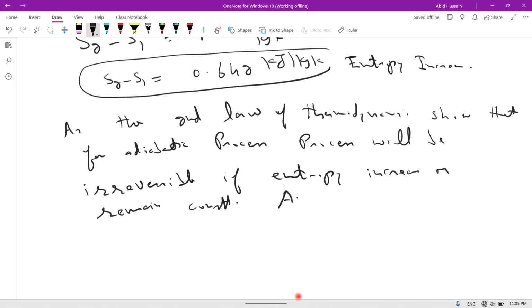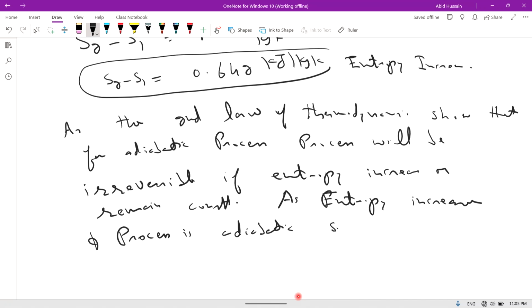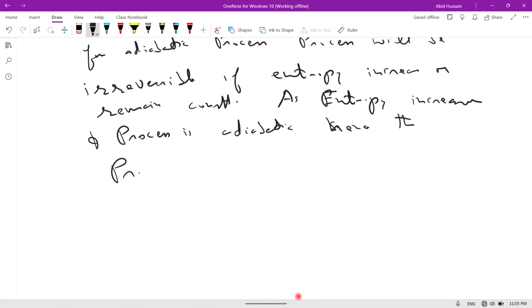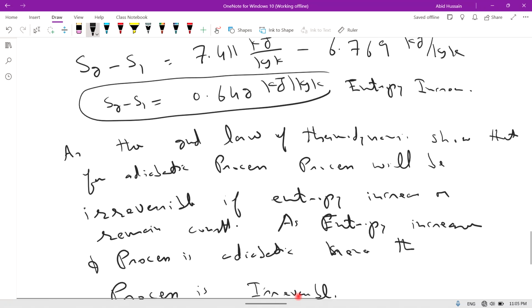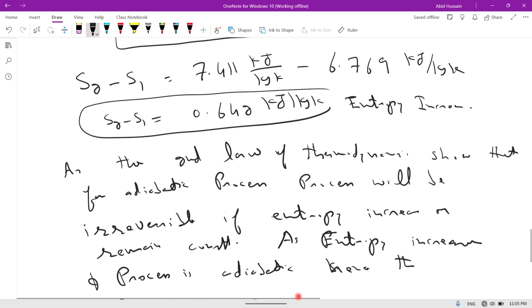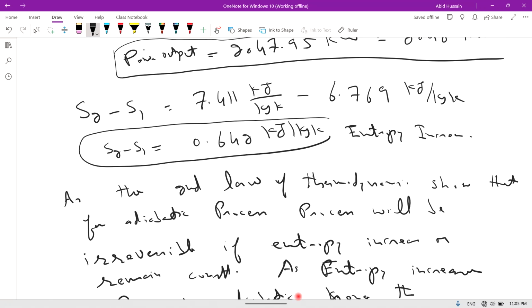As entropy increases and the process is adiabatic, hence the process is irreversible. So this is the final result. We showed that the process is irreversible. We found S2 minus S1 and the power output.